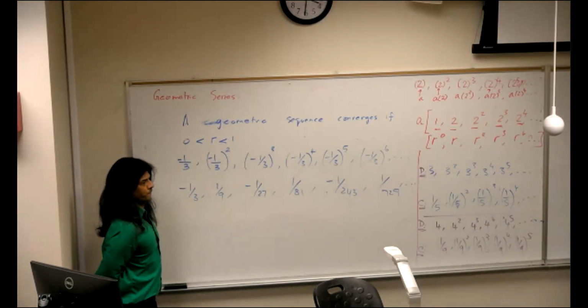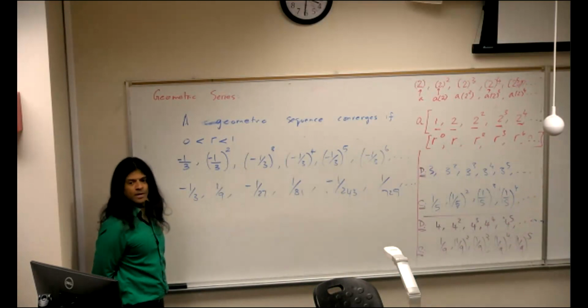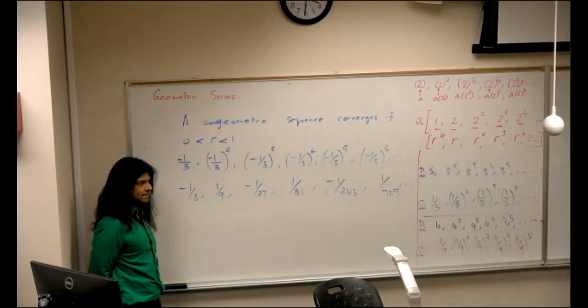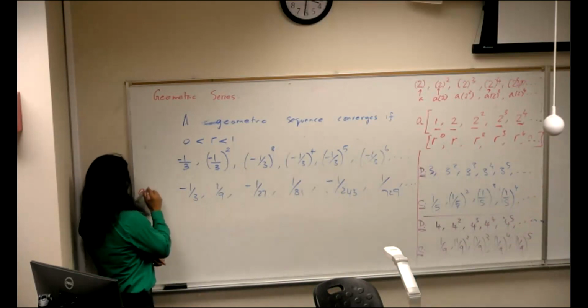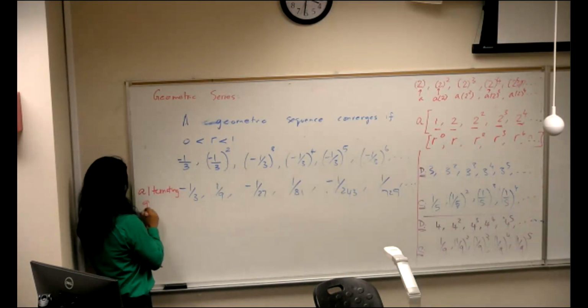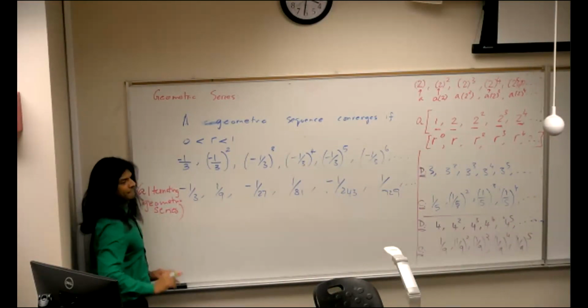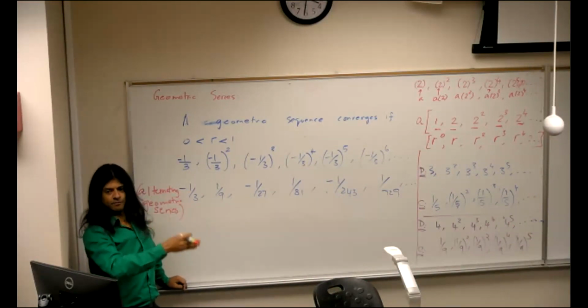Well, there's negatives and positives. Negative and positive, it's going back and forth, right? So this is an alternating geometric sequence. It goes back and forth, yes.